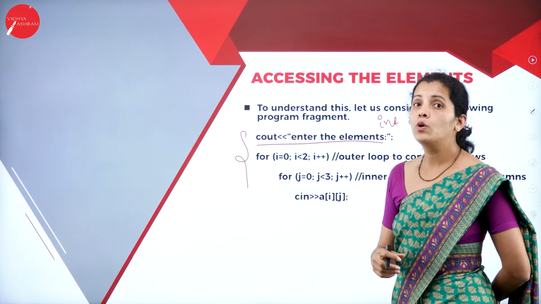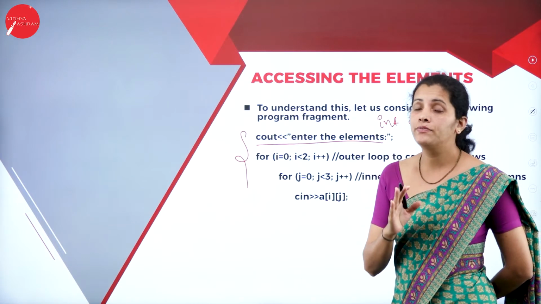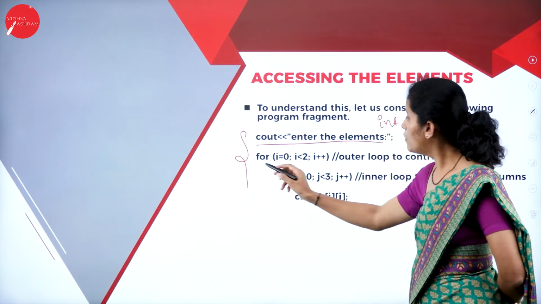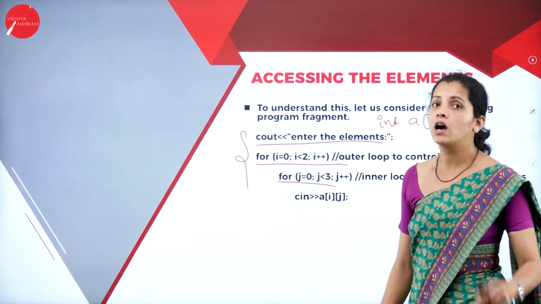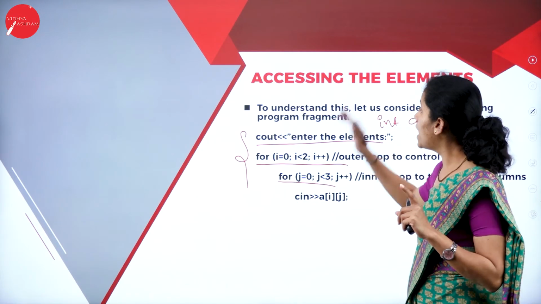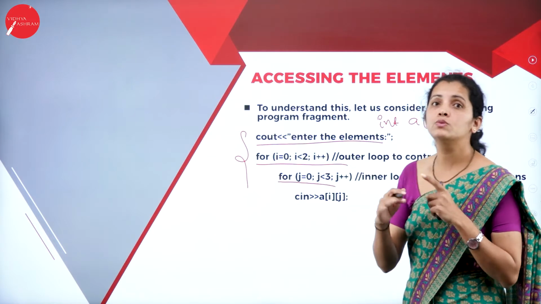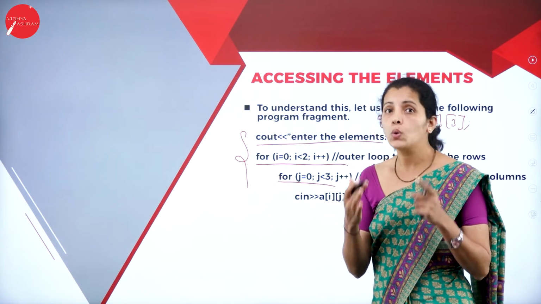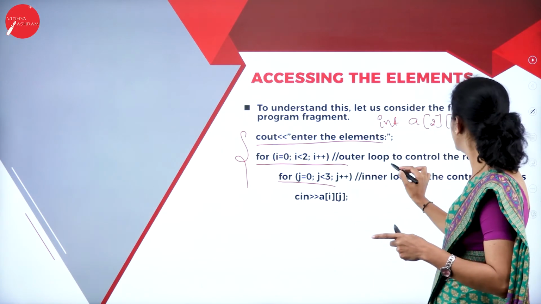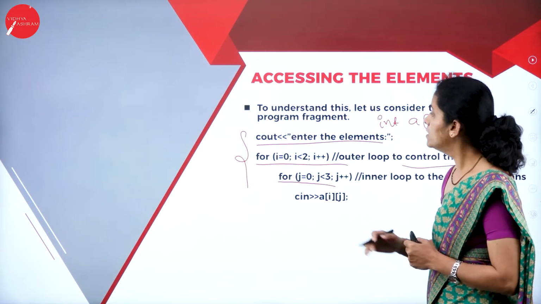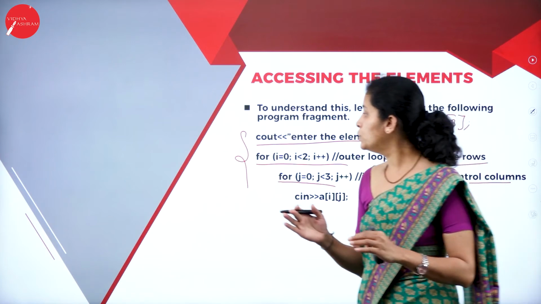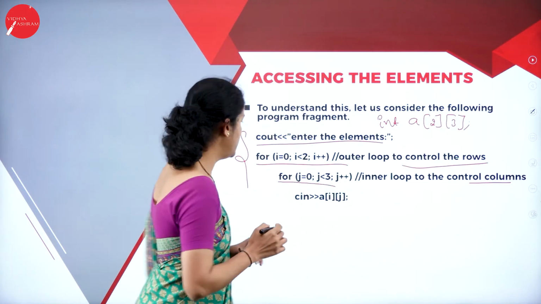Okay, now I want to read 6 different elements. For that reason, I'm going to use 2 for loops. And always remember that my outer for loop is always going to represent the row and the inner for loop is always going to represent the column.